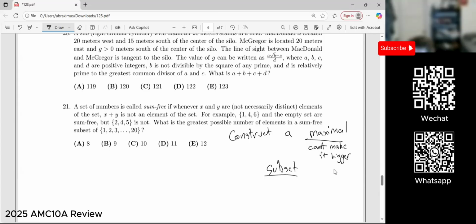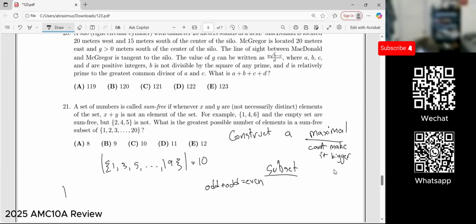However, let's not do that. So one way of doing it is you could do all the odd numbers. And that would be sum free, because odd plus odd equals even. But if there's no even numbers, then the size of this would be 10. And we can't add anything to this. There's no way to add anything to this to make it sum free.